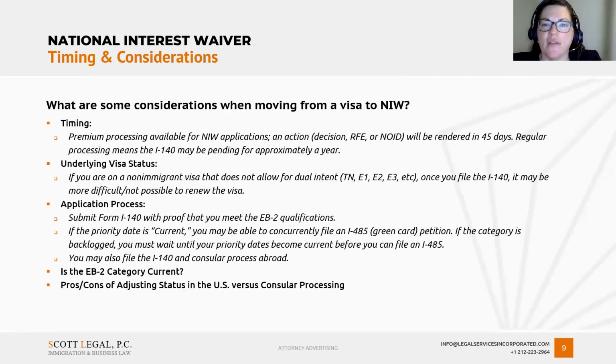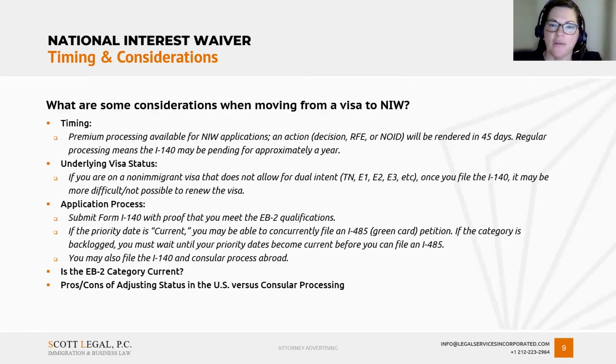This is the core of the NIW process. The I-140 is the underlying immigrant visa petition, where you must demonstrate to USCIS that you qualify for this NIW category. This is the stage where USCIS is going to evaluate whether your proposed endeavor has substantial merit, national importance, and whether you're well positioned to advance it.